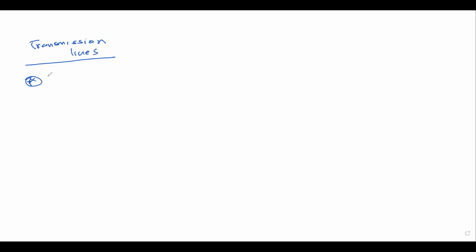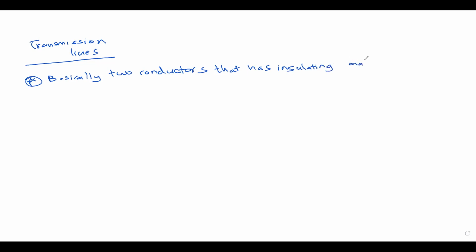Transmission lines are basically two conductors that have a separating or insulating material in between.